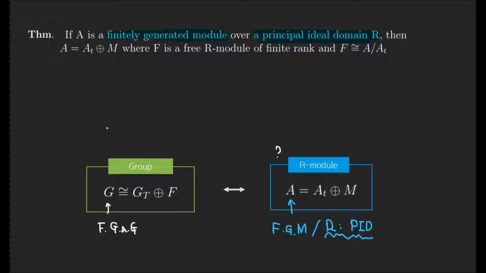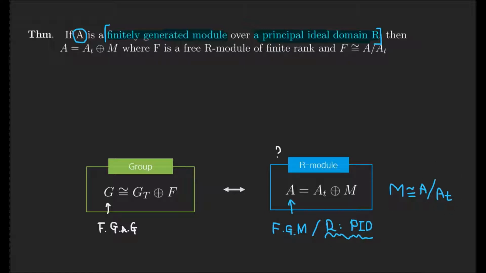So every finitely generated module over a principal ideal domain R: if A is a finitely generated module over a principal ideal domain R, then the module is decomposed concretely into the torsion submodule part and the torsion-free part, and the torsion-free part is isomorphic to a quotient of A by AT.